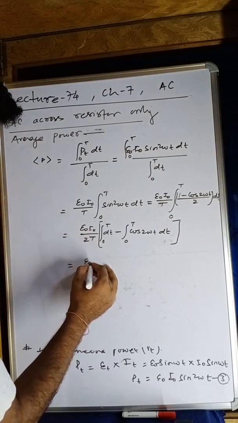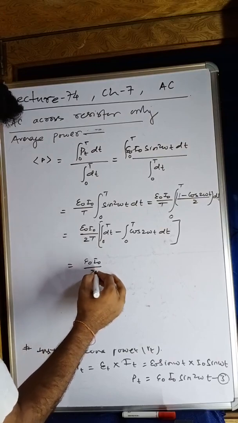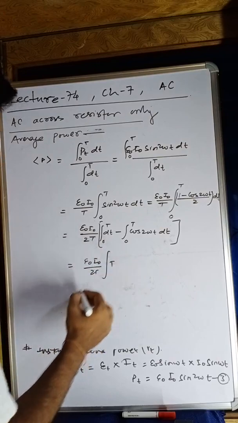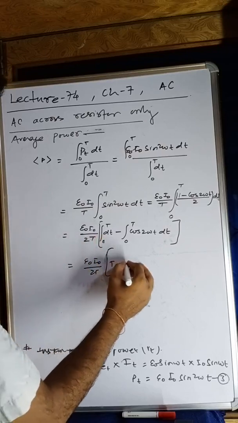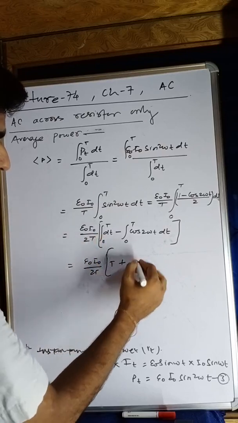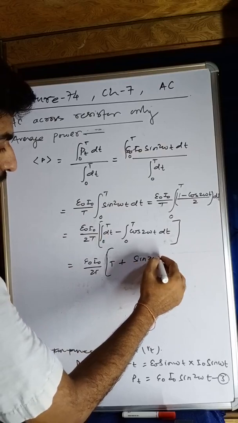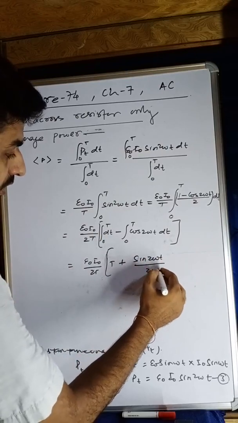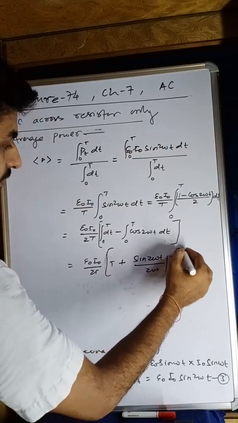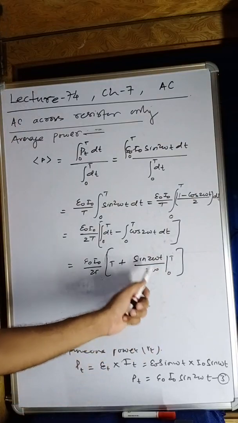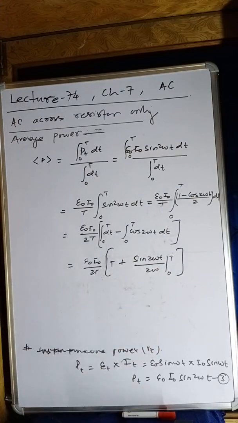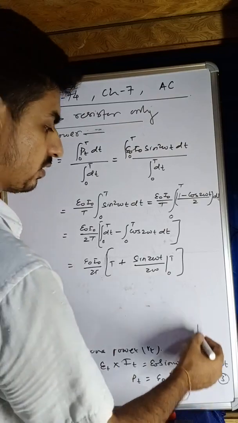It is E naught I naught by 2T times t minus sine 2 omega t by 2 omega from 0 to T. For a full cycle, remember the value of sine must be 0. You know that.